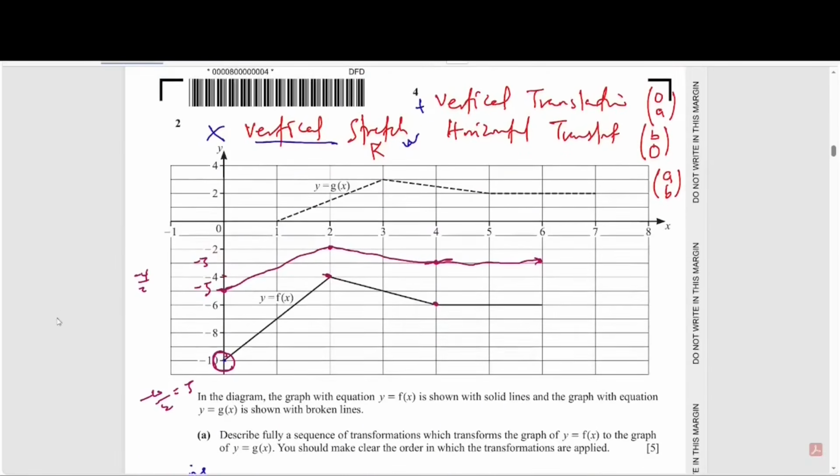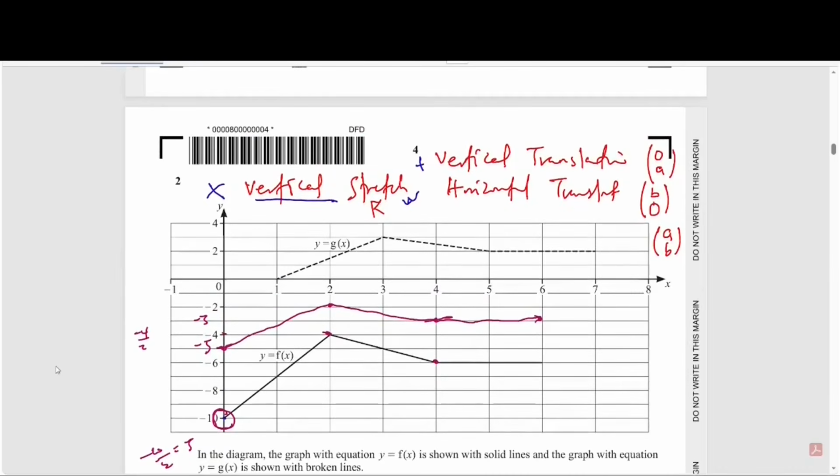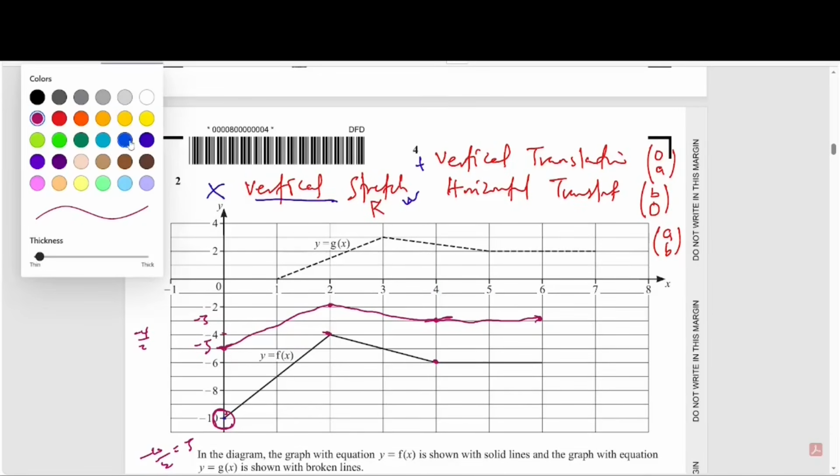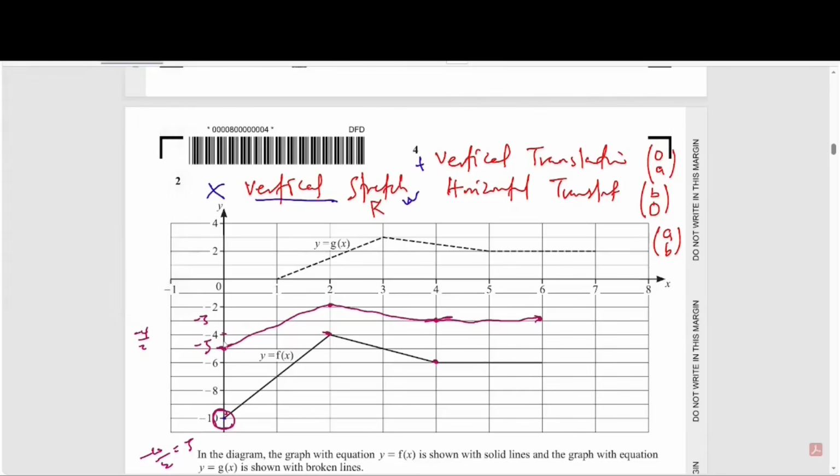Now we can easily identify the vertical translation and the horizontal translation together, or one after the other. We can pick any two corresponding sides. For instance, if I pick the starting point of the graph, we find out how many boxes it has moved to the new point.